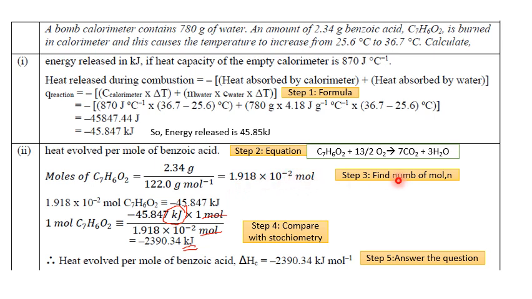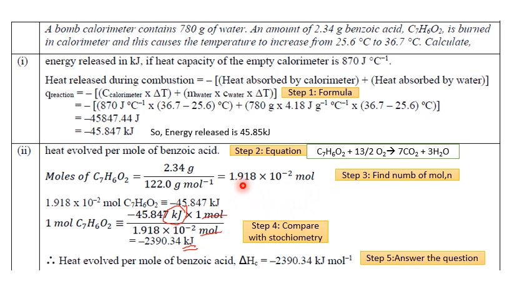So this is the step to find out the number of moles. Actually, for step 2, the equation is not really important for this question, but I encourage you all to follow the step. So just write down 1 mole of benzoic acid burns completely with excess oxygen to produce CO2 and H2O. Just balance it.